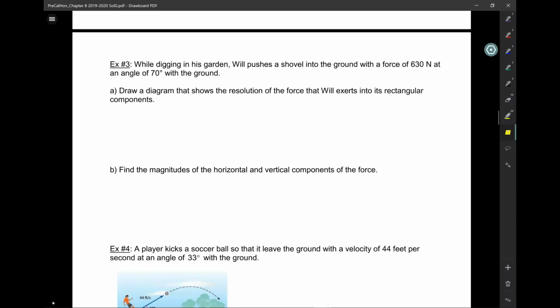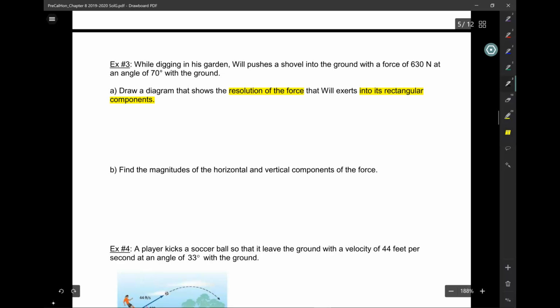Okay, so this phrase, the resolution of the force into its rectangular components. So often we don't say draw the rectangular components, we say resolve this vector into its rectangular components.